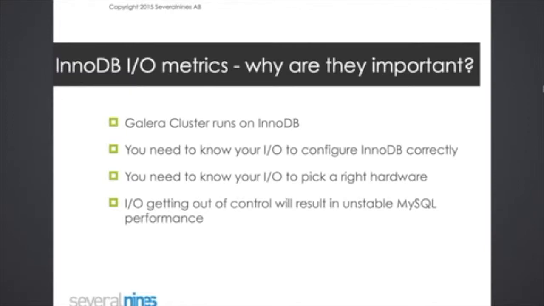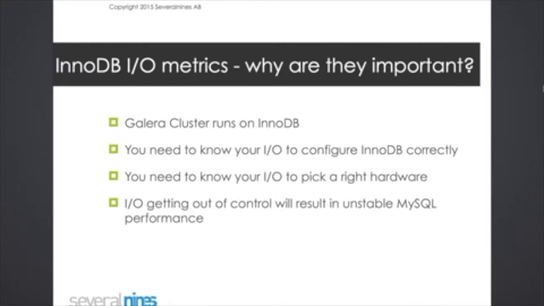When the buffer pool is filled with modified pages, or the redo logs are filled with data, MySQL will switch its priorities from serving queries to actually flushing this data to disk and freeing some resources. Therefore, it may result in spiky performance, or even lower average throughput, and less stability.